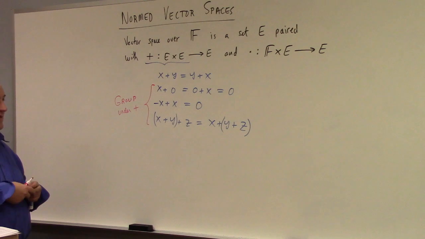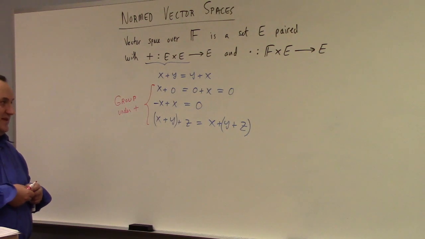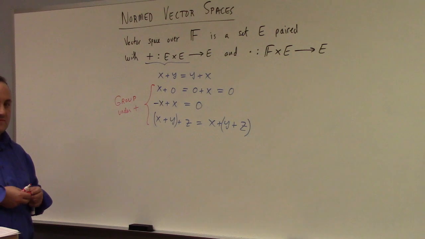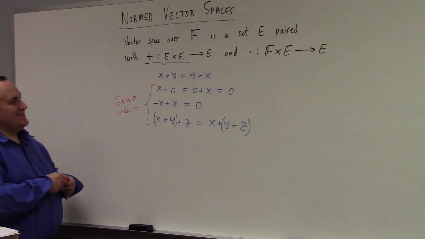Then the top thing says it's not just a group, it's an abelian group with respect to addition. Pretty much, if you write addition, you're assuming it's an abelian group. That's the common practice, right? If you find somebody writing a textbook where they use the plus symbol for a non-commutative thing, that's probably Dr. Sprano. That's the kind of thing he does.